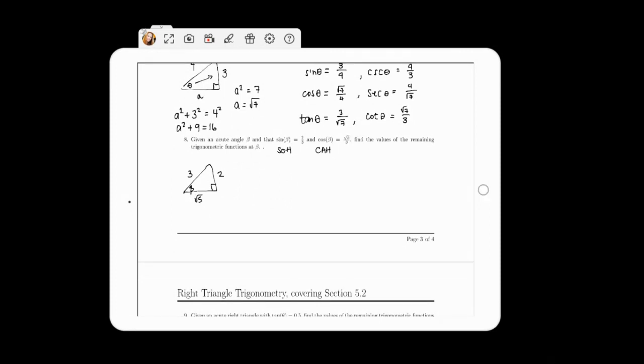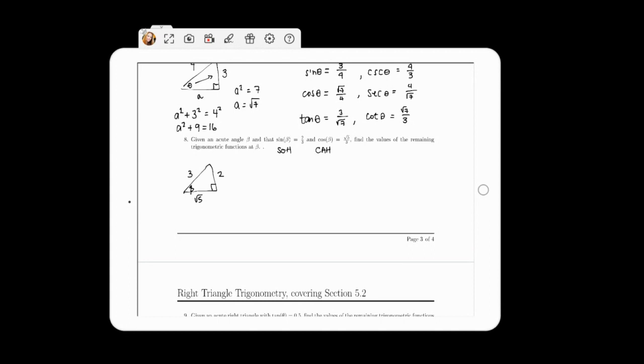So we could have just used the sine and the Pythagorean theorem to find that root 5 is the adjacent, but because we're actually given the cosine too, it's easier for me to do it that way. And we are asked to find the values of the remaining trig functions.